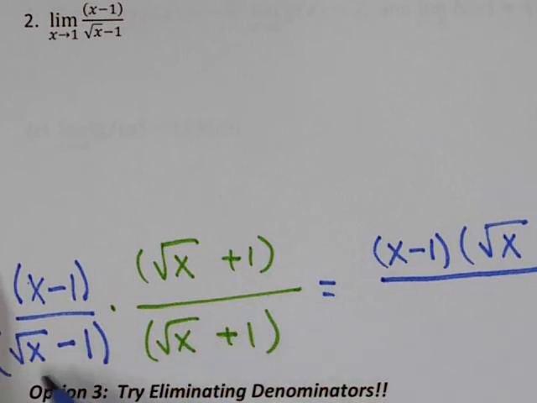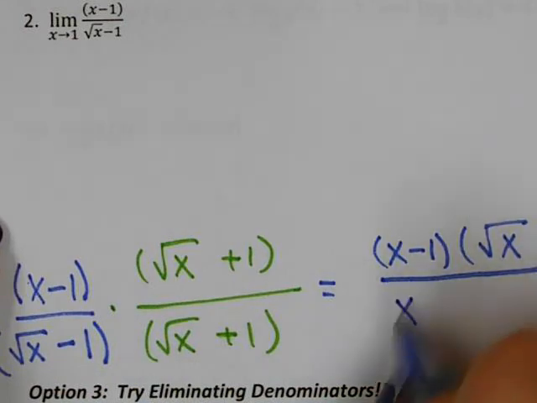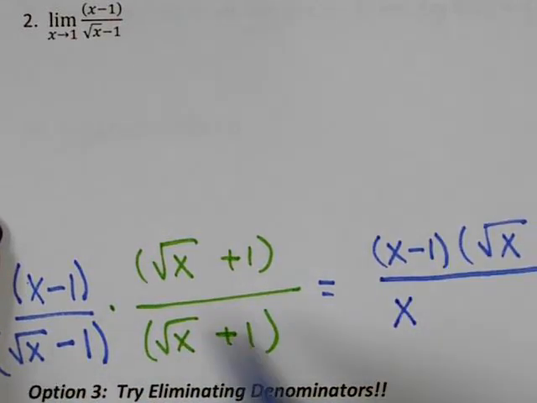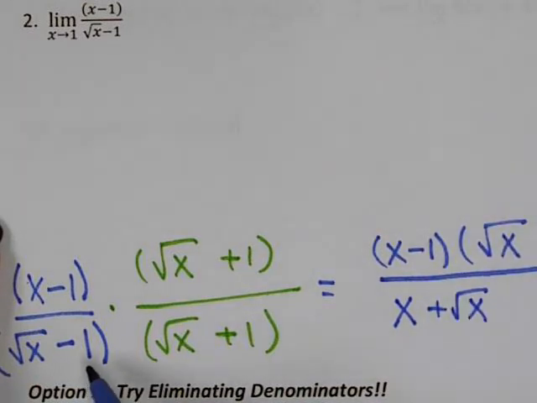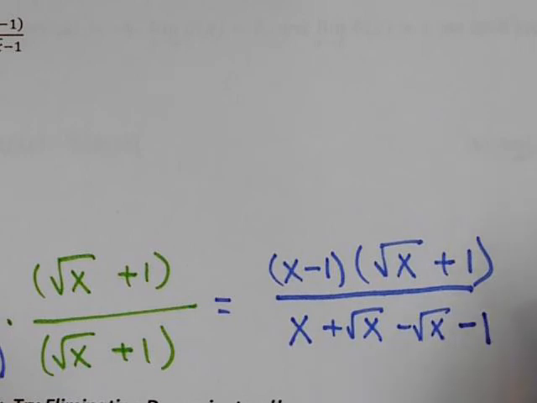All right, so remember, because these are conjugates, we're able to multiply this out really nicely, but I'm going to go ahead and actually FOIL just in case you guys need to see it. So the square root of x times the square root of x is x. The square root of x times 1 is plus the square root of x. Negative 1 times the square root of x is minus the square root of x. And negative 1 times positive 1 is negative 1.